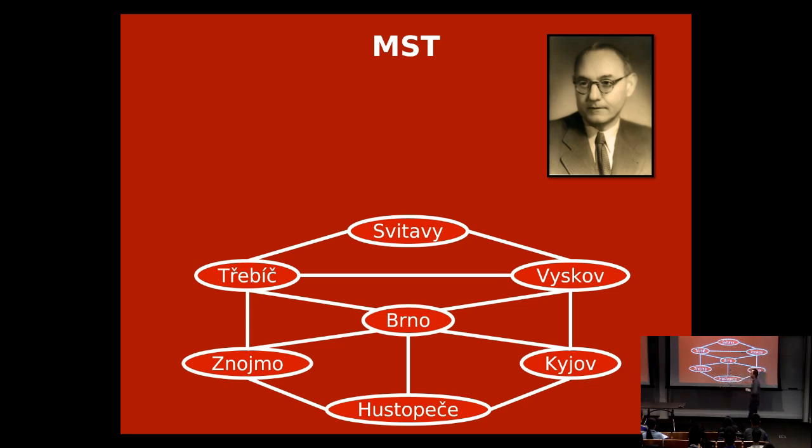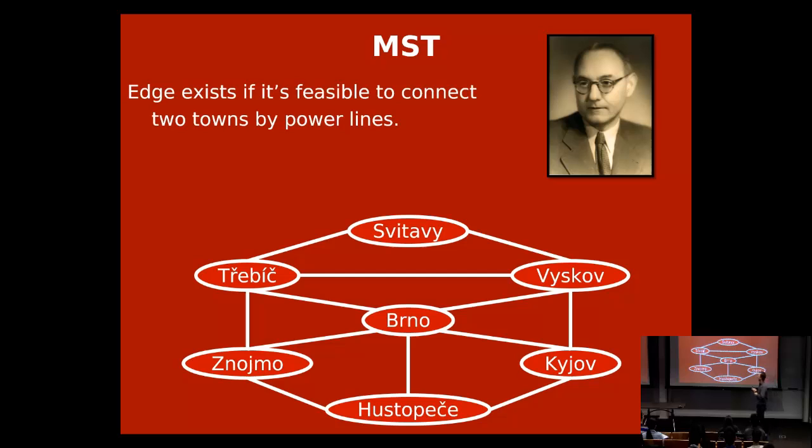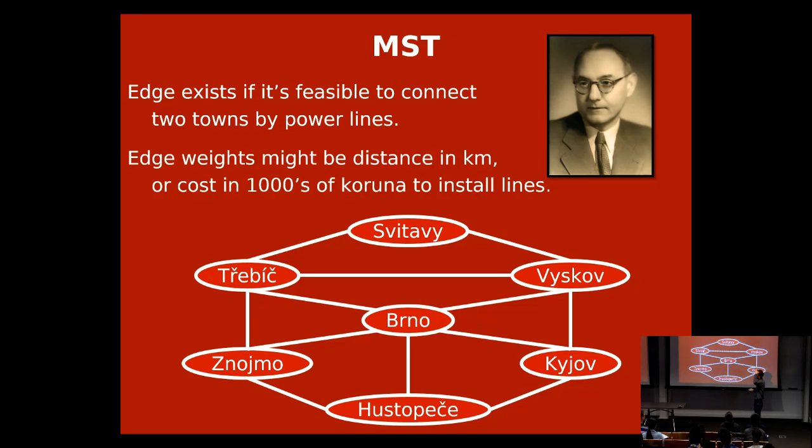So maybe this is Moravia. Brno is the biggest city, but there's a bunch of towns. Let's say there's an edge between two towns if it's feasible to connect them by power lines, with no mountains or something. There are costs on the edges, whether that's the distance or the amount of money it would take to install power lines along that edge.